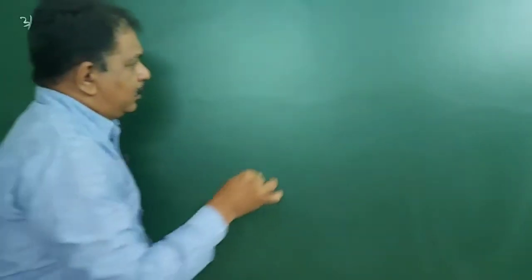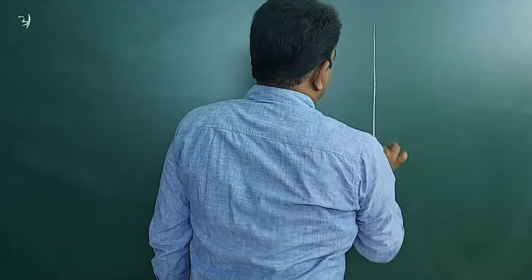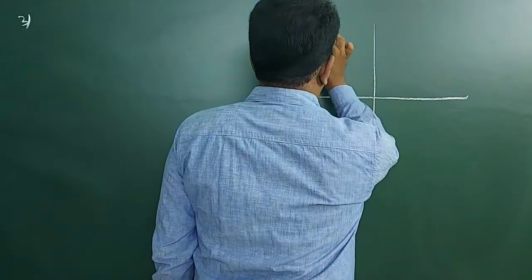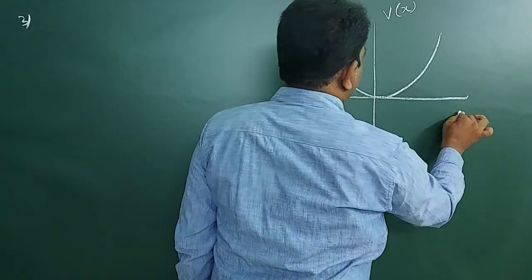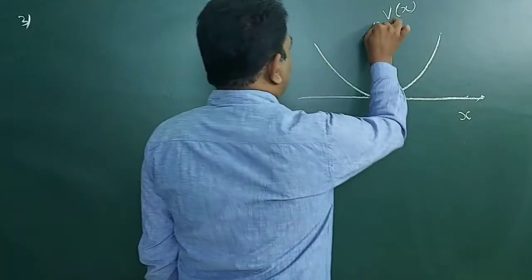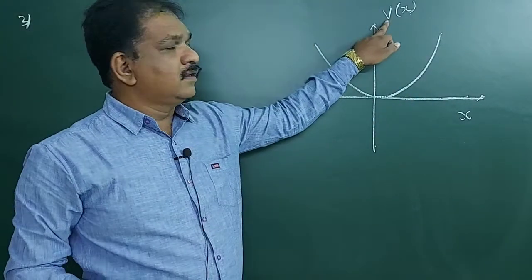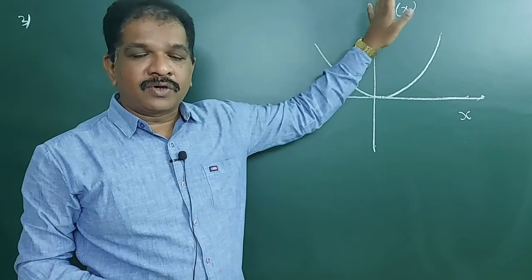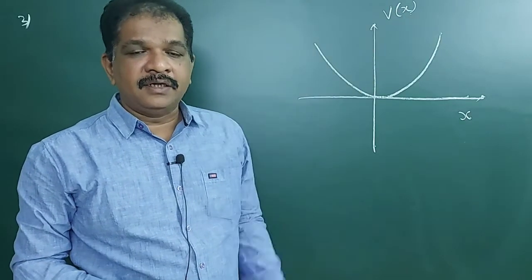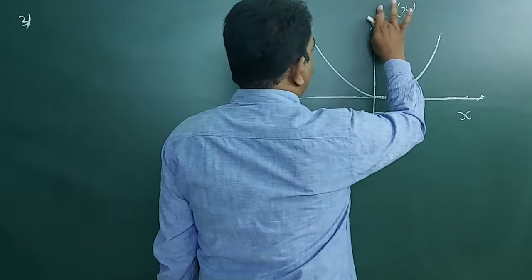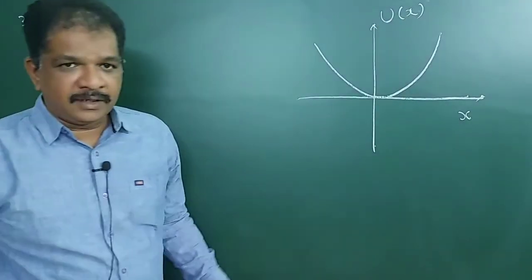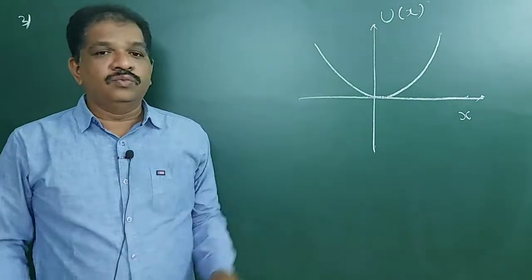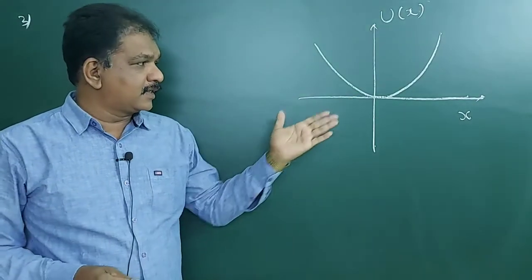See, yes, they draw a graph like this. Here they give V of x and x. Modify it, this V means actually potential energy, not velocity. Remember, this is U, or you can take it as U of x. Printing mistake. This will be U, potential energy, and x.